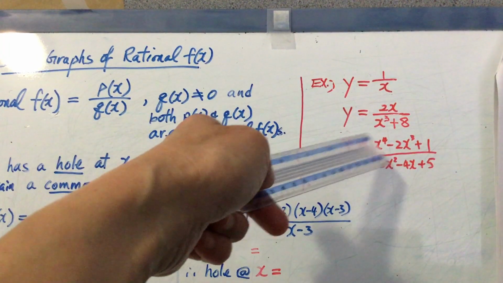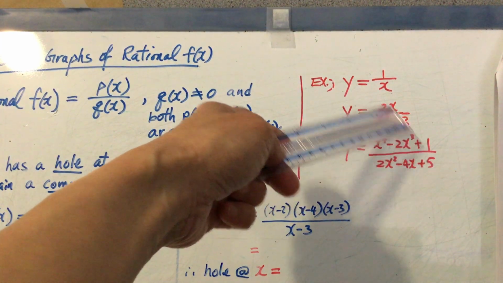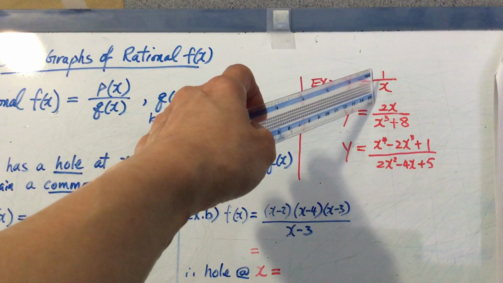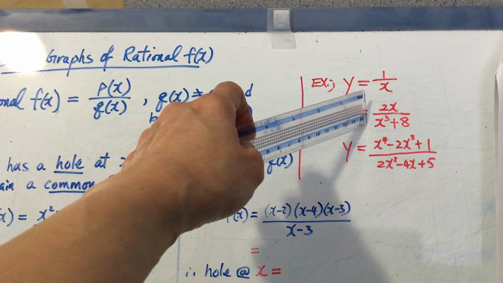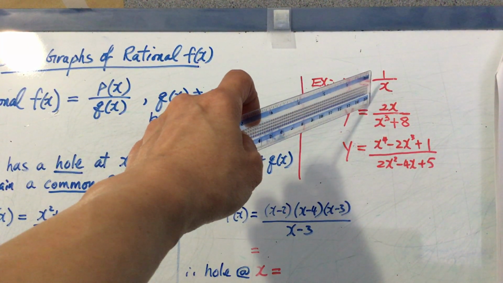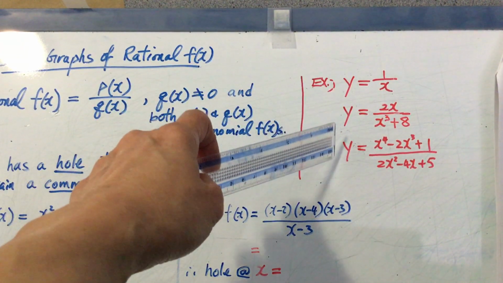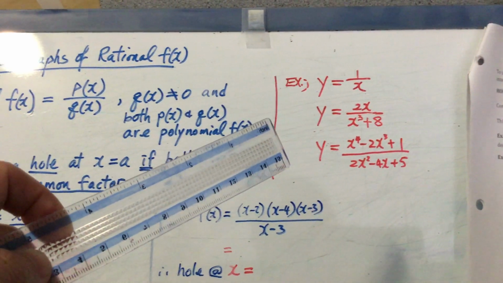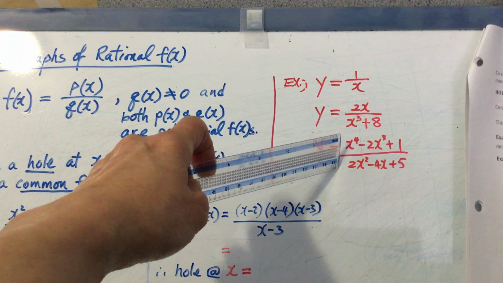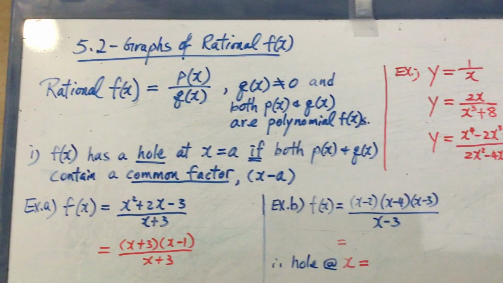And if you look at more examples, if you have y equal to 2x over x cubed plus 8, this is another example of a rational function because the numerator is degree 1, but the denominator is degree 3. So this rational function is a degree 1 polynomial function divided by a degree 3 polynomial function. Okay? One more example, when y is equal to a degree 4 divided by a degree 2. So these are all examples of rational functions.